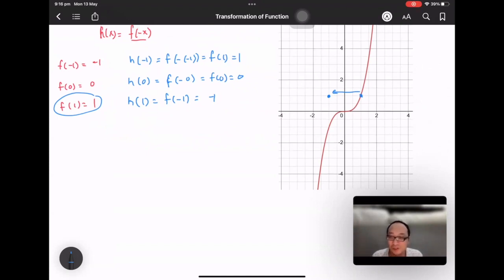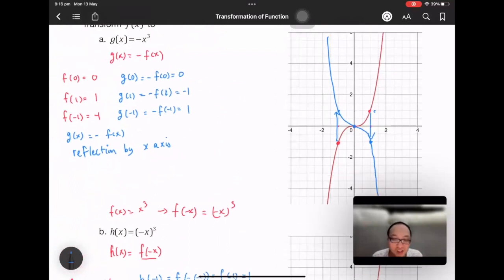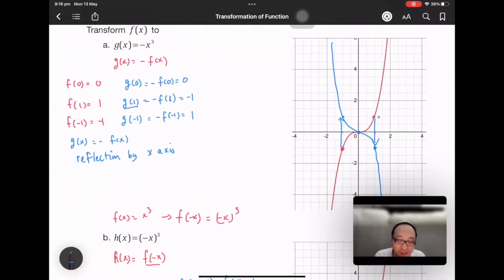If you see the difference in here, we move the g(x) equals to minus of f(x). So we reflect it by the x-axis from here. We give the negative, so we reflect it by the x-axis.